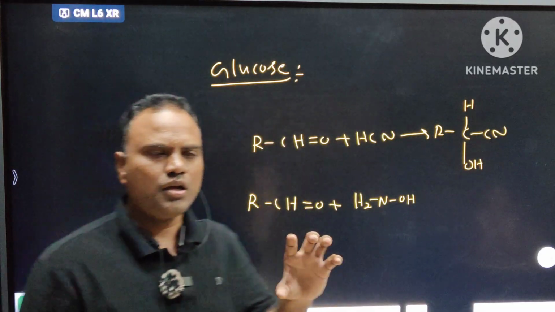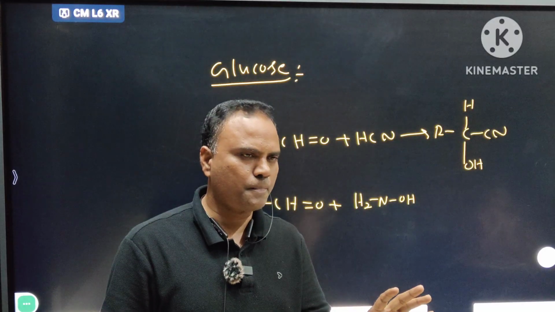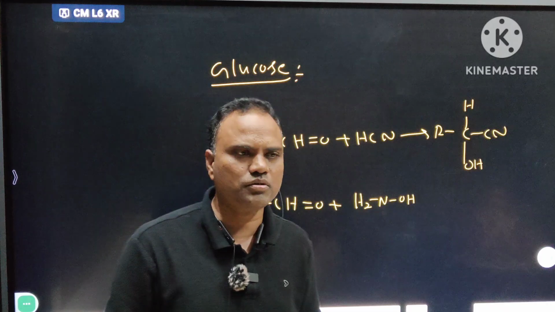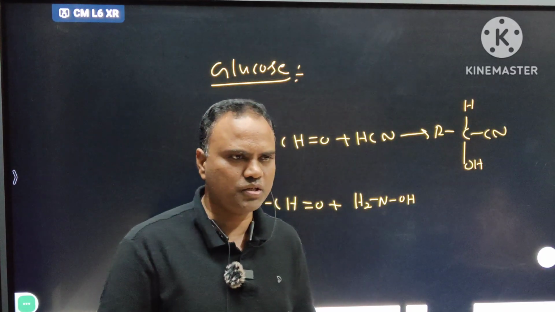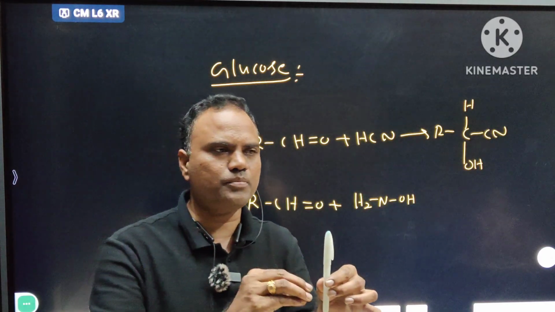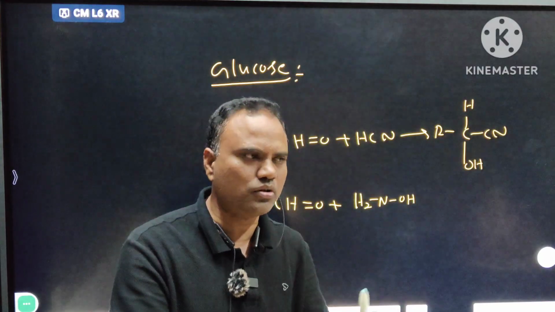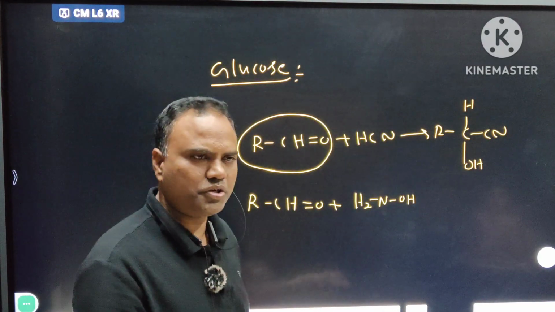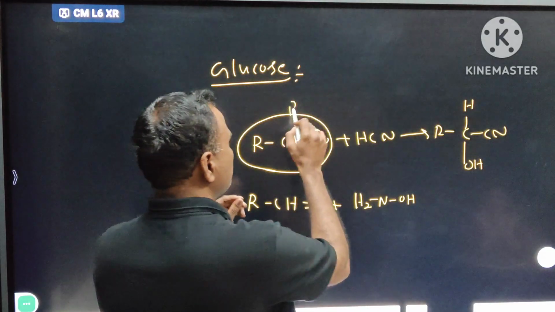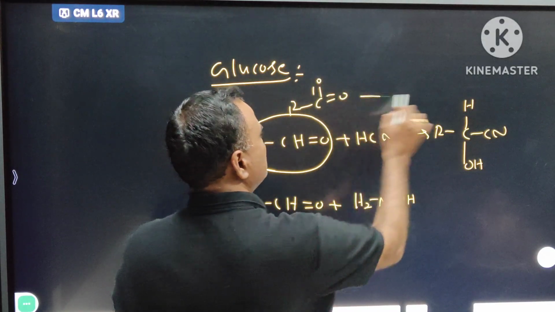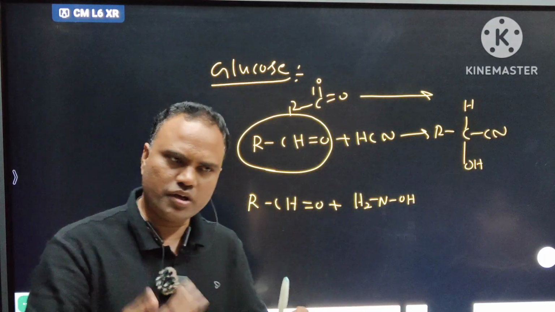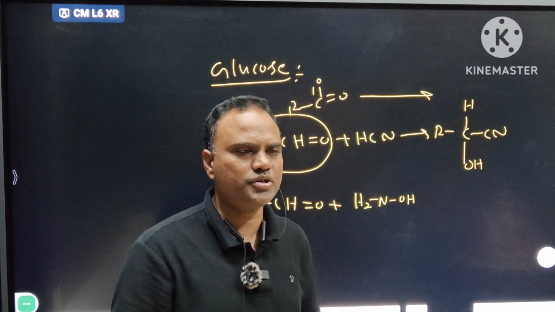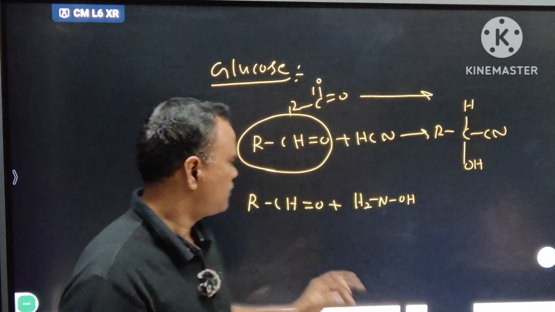In any compound, if CHO is present, it will give cyanohydrin. Clear? If one unknown compound gives cyanohydrin, which functional group is present in that unknown compound? Aldehyde, or ketone also. Ketone also gives the same product. Means aldehyde is present or ketone is present. That is the confirmation test for aldehyde or ketone.